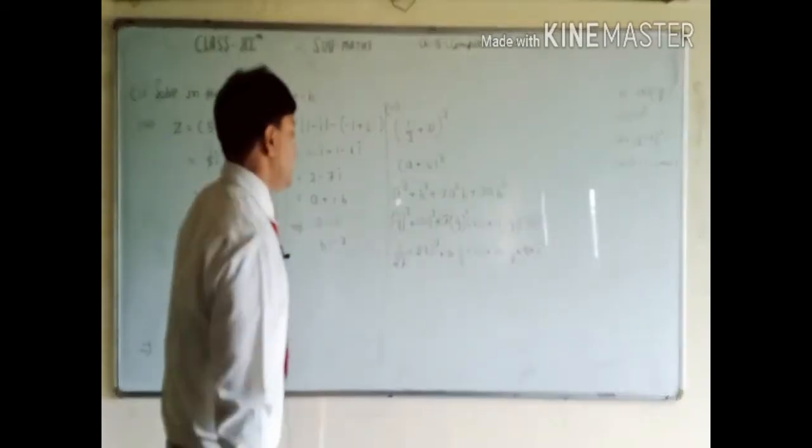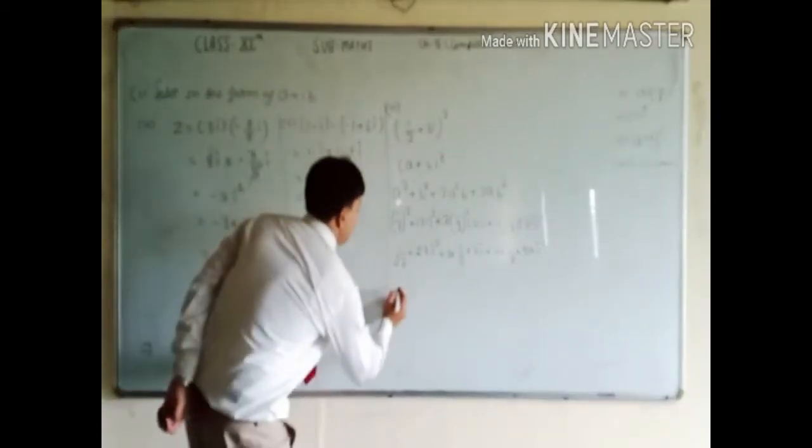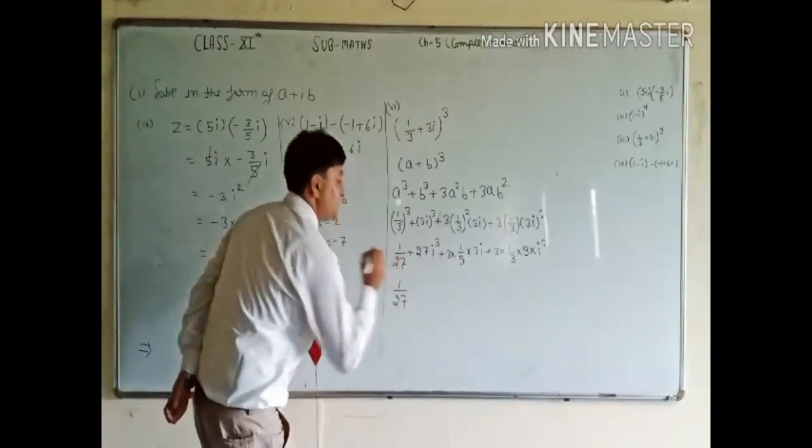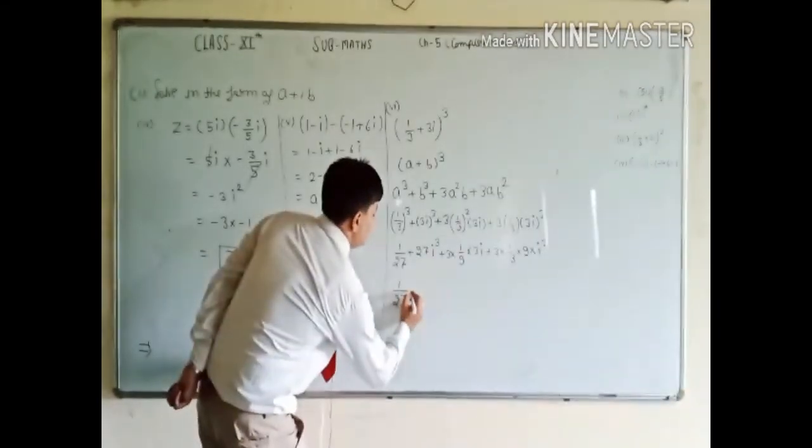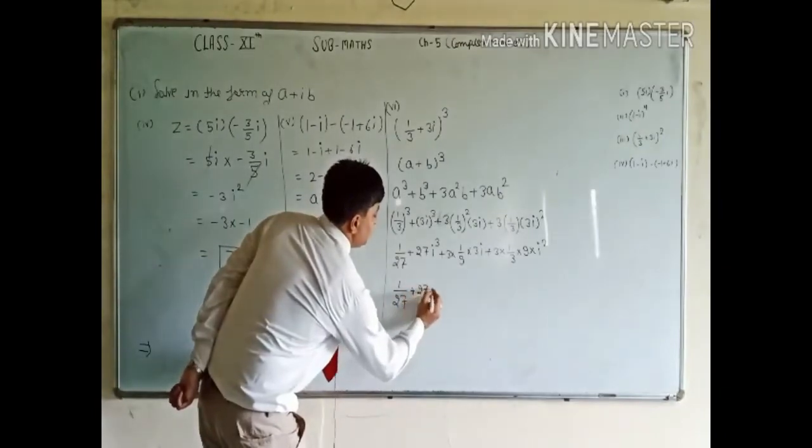Now we solve this. This is 1 upon 27, this is 27 iota cube.